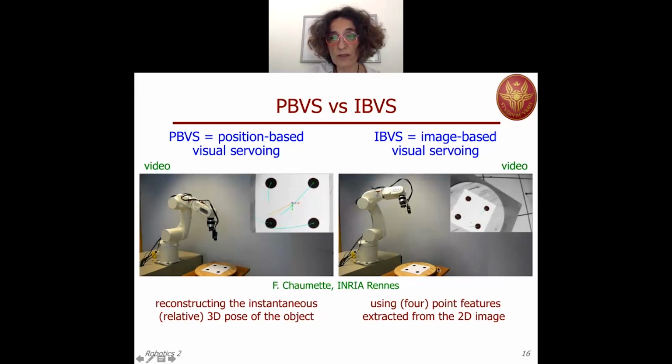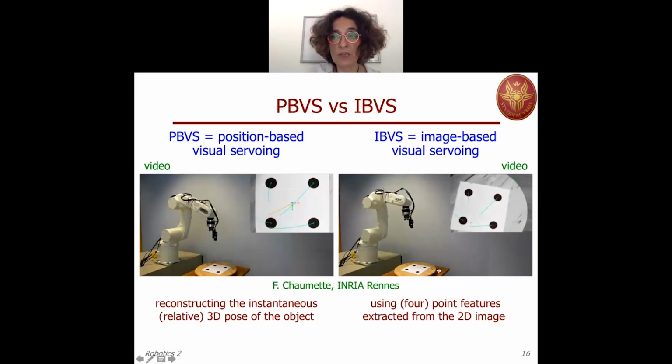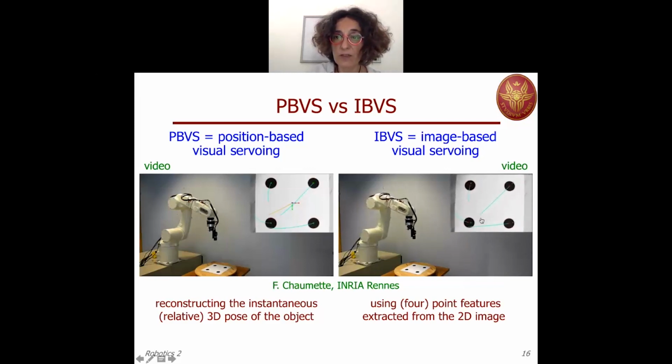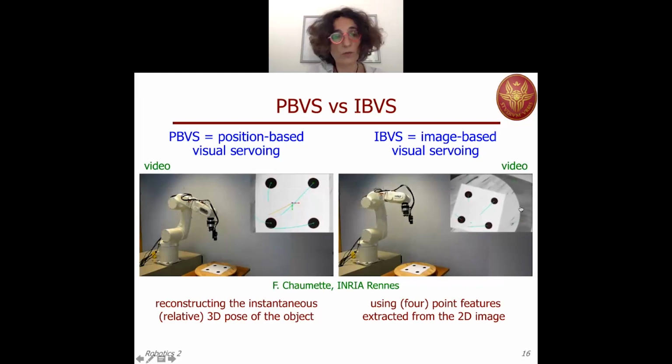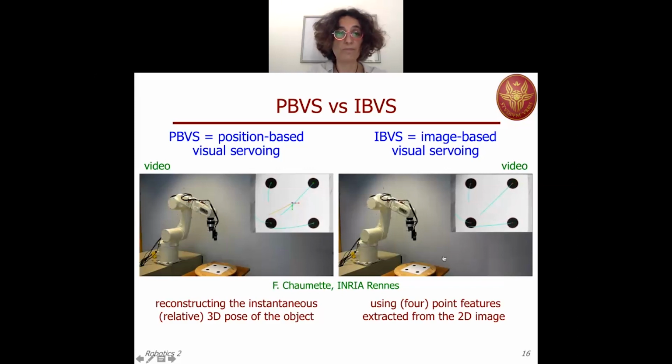Here on the right, instead, we have the IBVS. In this case, the error is defined in the image plane without reconstruction of the 3D pose. So the motion, although not identical, is very similar, but in this case the uncertainties are limited with respect to calibration uncertainties, both calibration errors in the kinematics of the robot and calibration errors in the camera parameters.